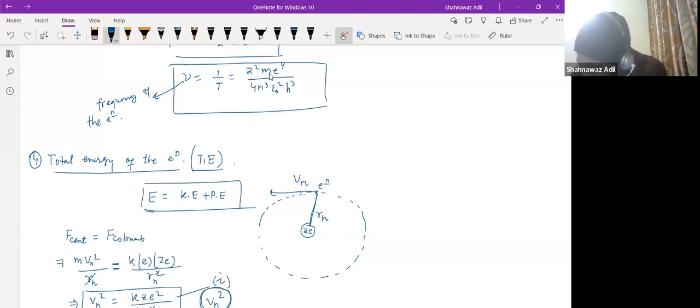So mass of the electron is 9.1 into 10 to the power minus 30.